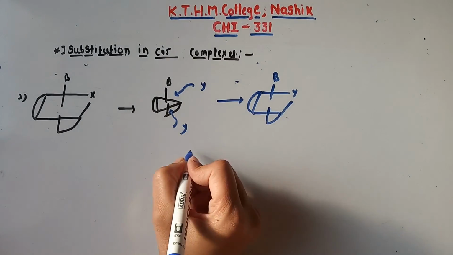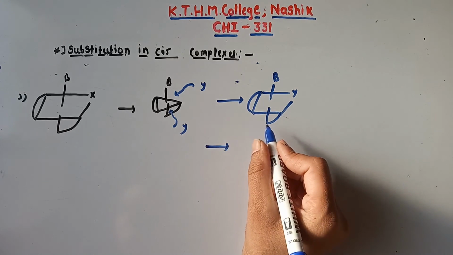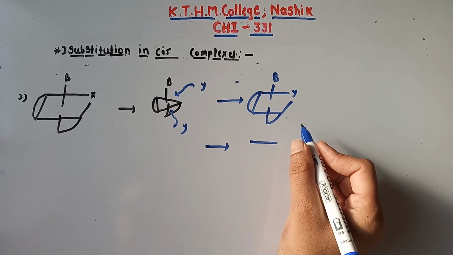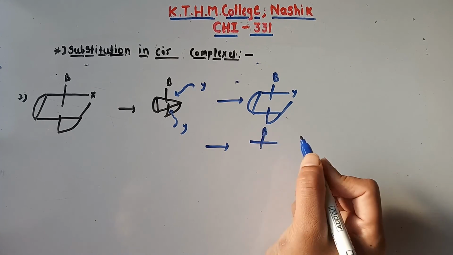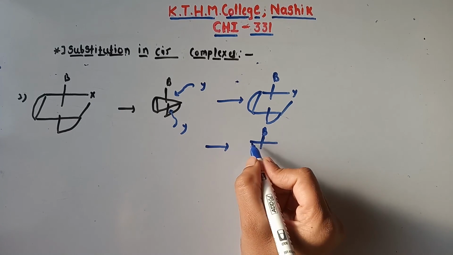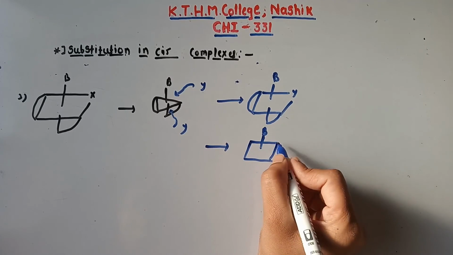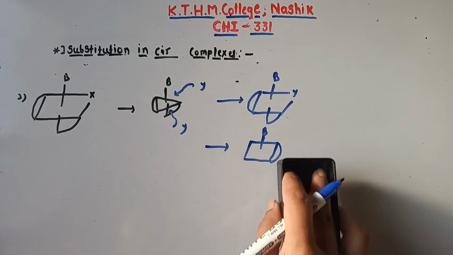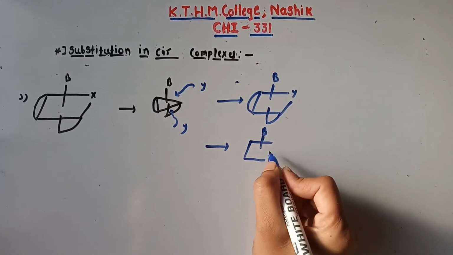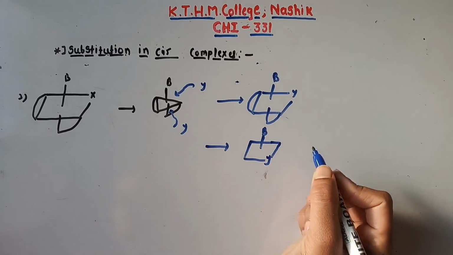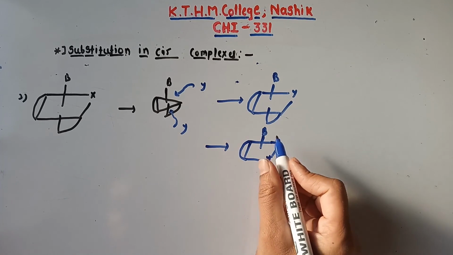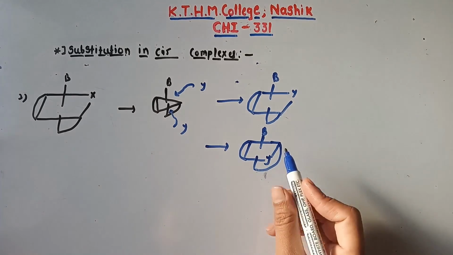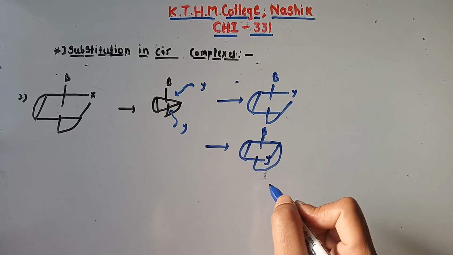Okay, and when Y attacks from this side, here we get B. Okay, in this case, when Y attacks from this side, we get this product.